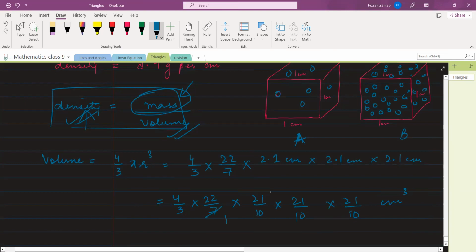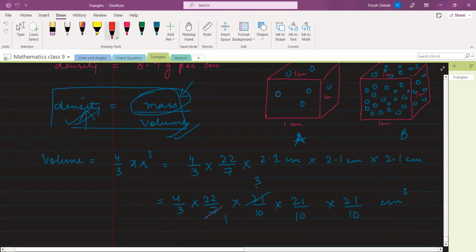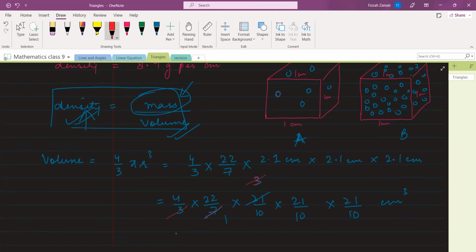So 7 into 3, so with this 3, you can cut this 3. Now don't disturb the 10. Just multiply. So 4 into 22 is 88.